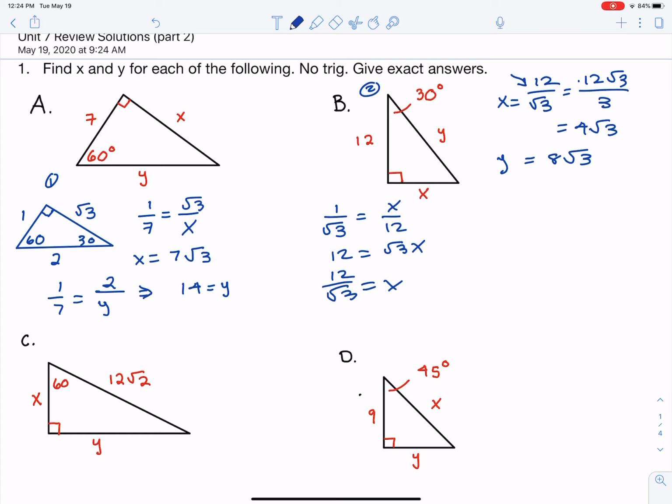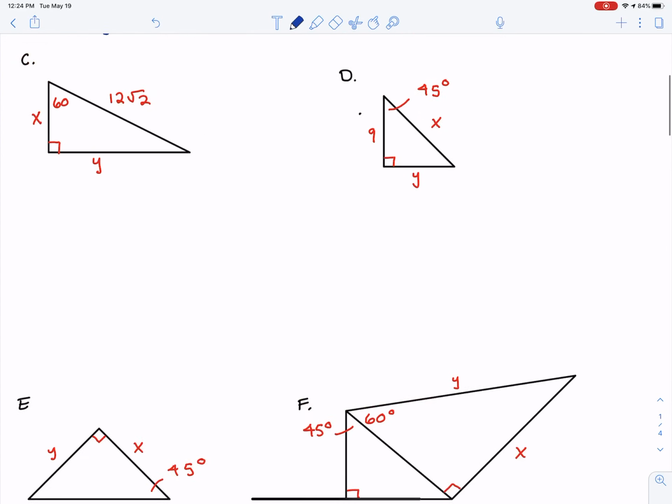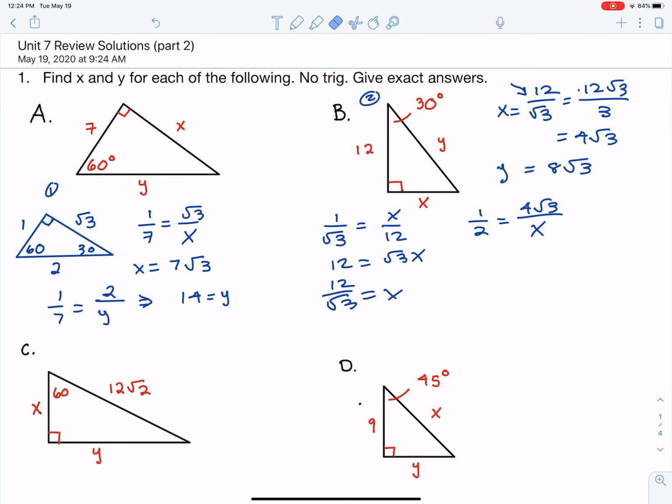So let's see, 1 is to 2 using the short triangle, or triangle number 1. 1 is to 2 as, actually, I'm going to use this value that we found right here, 4 root 3, is to, whoops, it wasn't x anyway. It was y. Excuse me. As y. And solving that, we get 8 root 3 equals y.